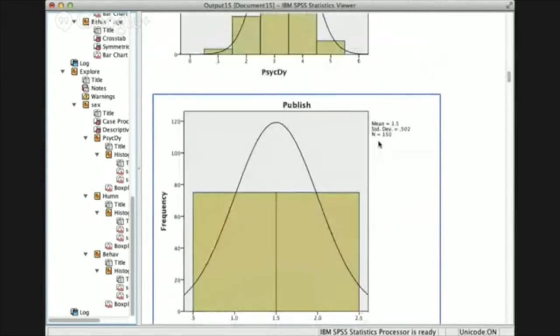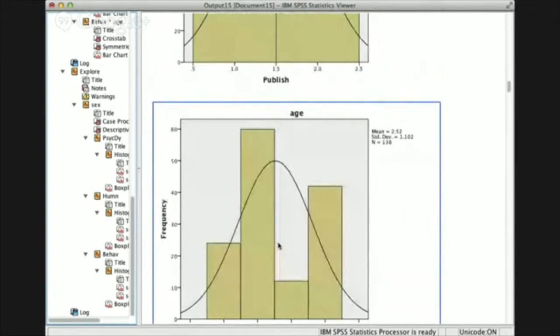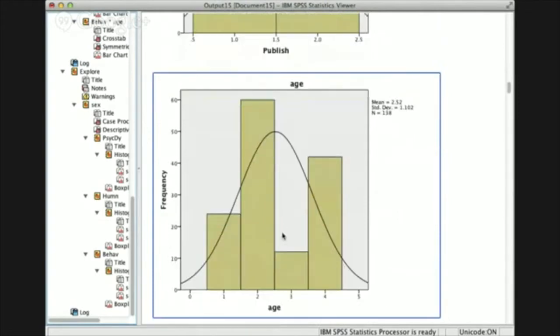For the publishers, there were only 2, and there's a somewhat bimodal distribution here. The ages: 1 is the gold age, 1930 to 1955. 2 is the silver age, 1955 to 1970. 3 is the bronze age, 1970 to 1985. And 4 is the modern age, 1985 till now.